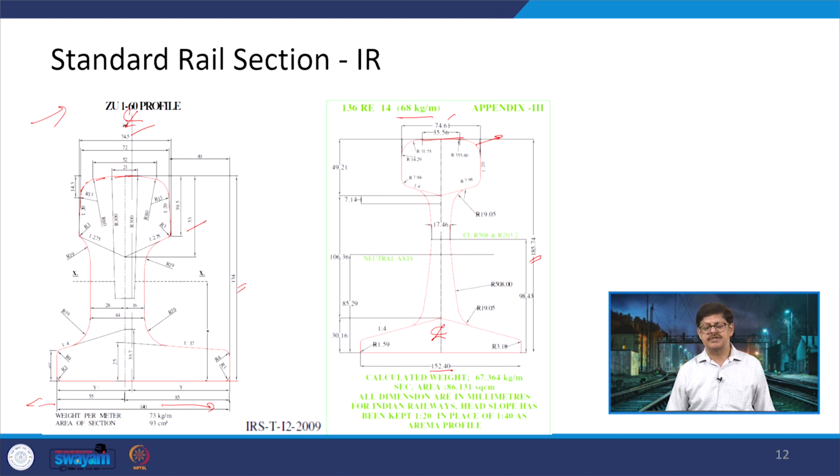When you come towards the side, there is a transition in a smoother form by using a radius. A higher radius has been used there, and the web is 17.46 mm.